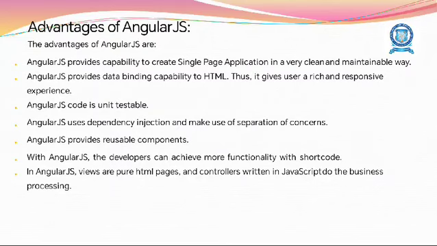AngularJS uses dependency injection and makes use of separation of concerns. AngularJS provides reusable components. With AngularJS, developers can achieve more functionality with shorter code. In AngularJS, views are pure HTML pages, and controllers written in JavaScript do the business processing.